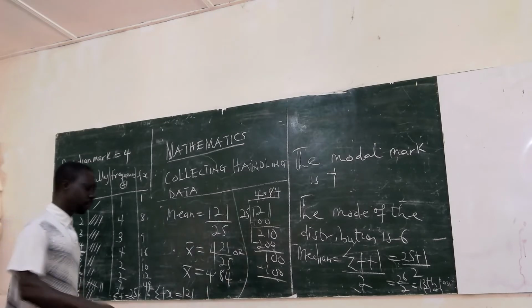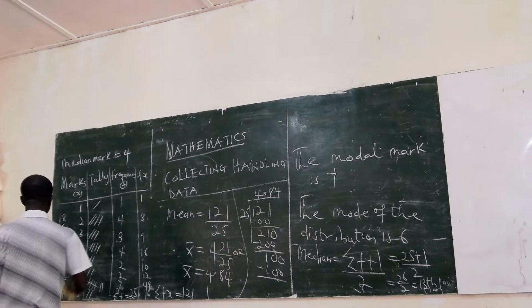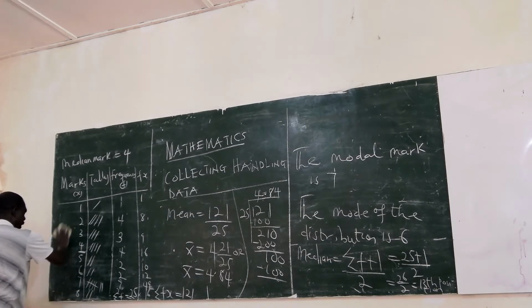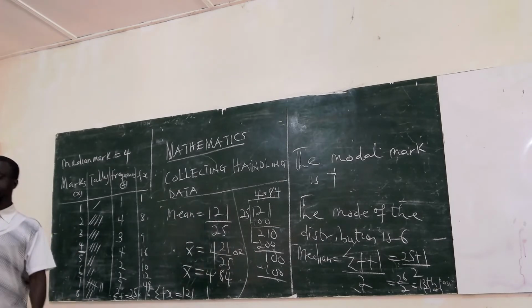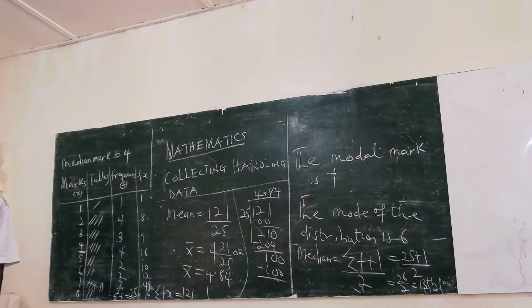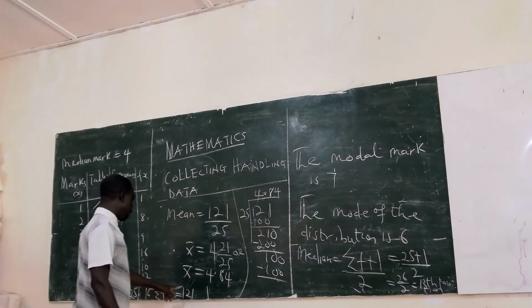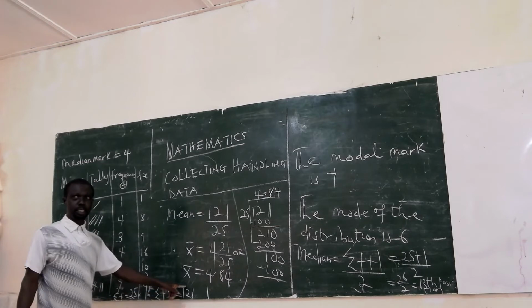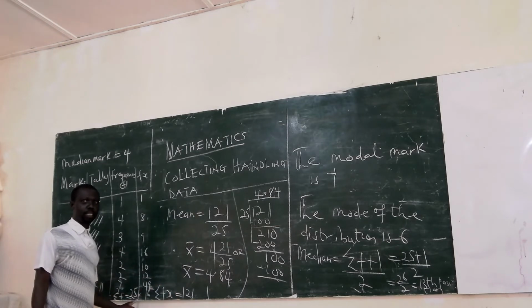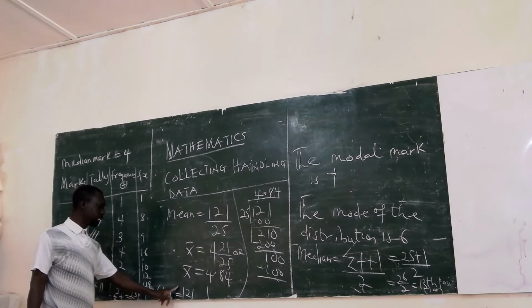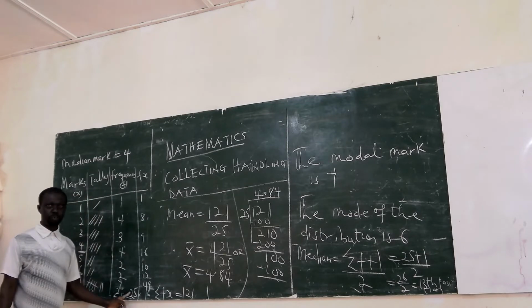Now, after finishing this, you use the table to find the mean. I said that mean simply means average. It means the sum of quantities divided by the total number of quantities. So the summation of fx divided by the total frequency is 121 divided by 25.